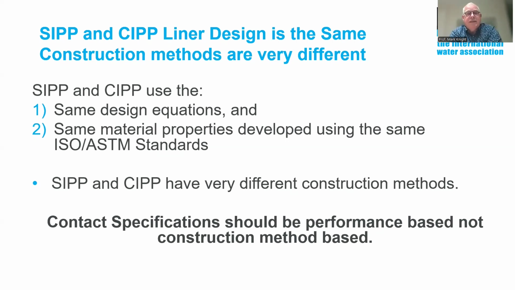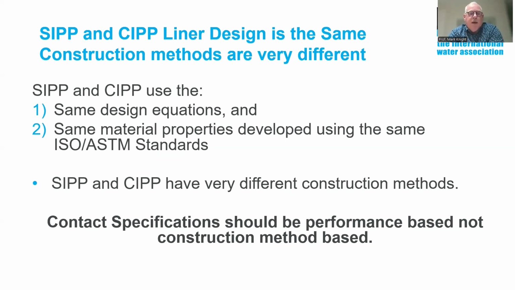With respect to design for SIPP and CIPP, there's really no difference. We use the same design equations, same material properties developed using the same ISO and ASTM standards. What's really different between SIPP and CIPP is the construction method. We don't have to wet out a bag. We don't have to install a bag.